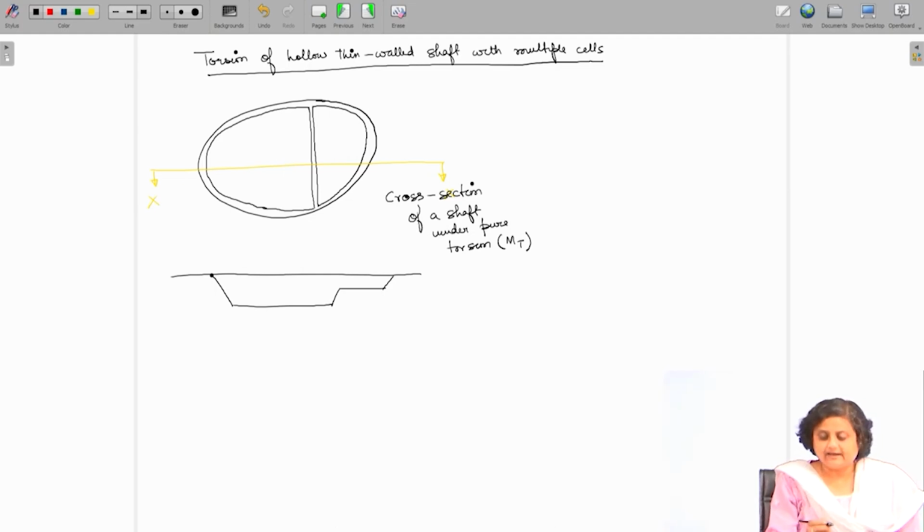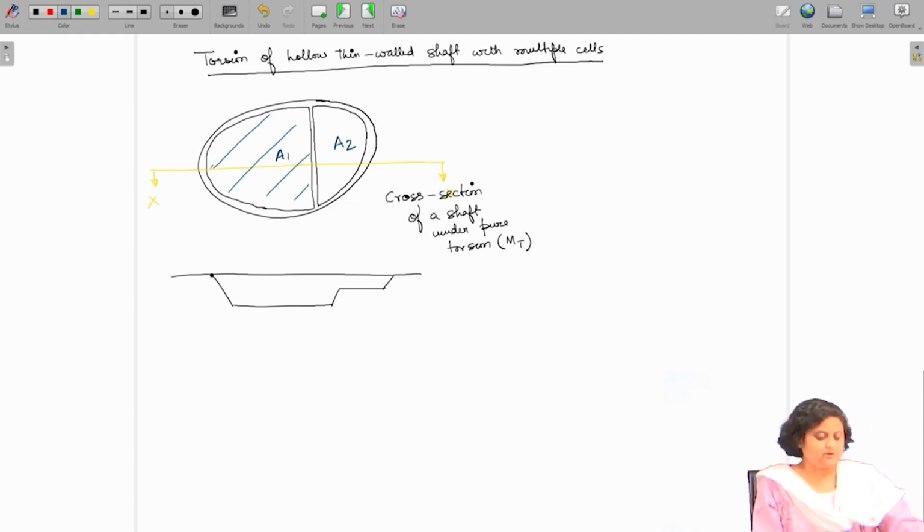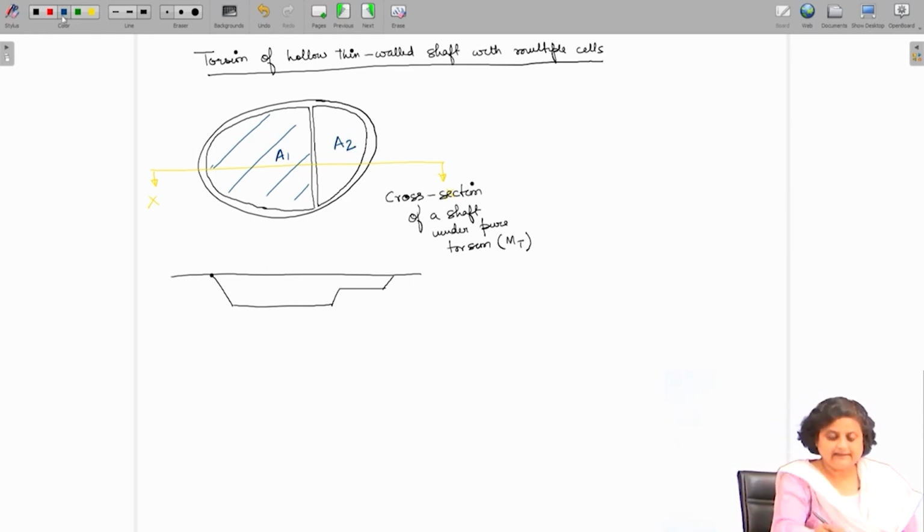So, let us call this as cell 1, and let this mean area that we have be A1 and this mean area be A2, the two areas enclosed by the two cells of the shaft. Now, let us see the thickness.